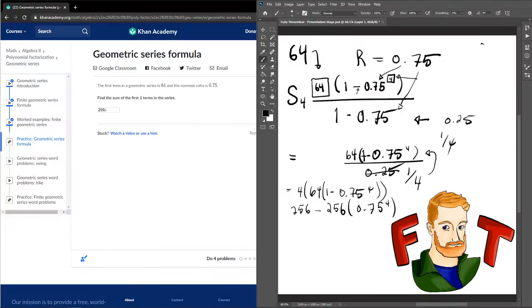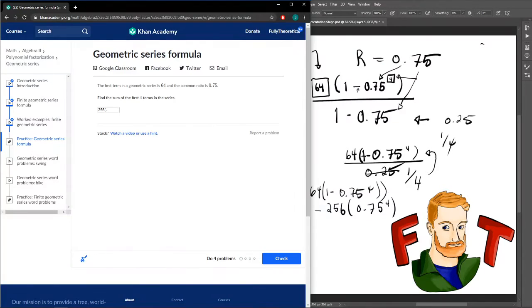So we can do that whole 1 minus that. What are we squaring? Are we squaring this, or are we squaring this? What I remember from last time is the common ratio. And the common ratio here is positive.